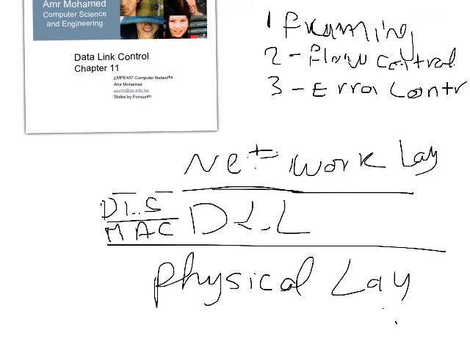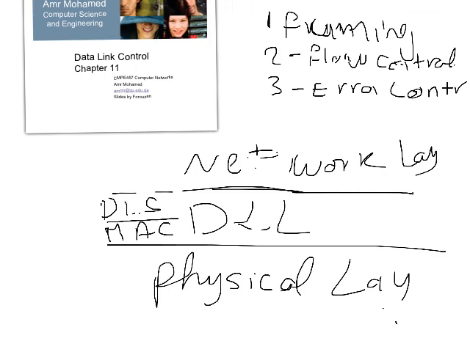Of course, the medium access control sublayer controls the access to the medium, whether this medium is wired, wireless, or whatever. The data link control sublayer does not deal with the medium.